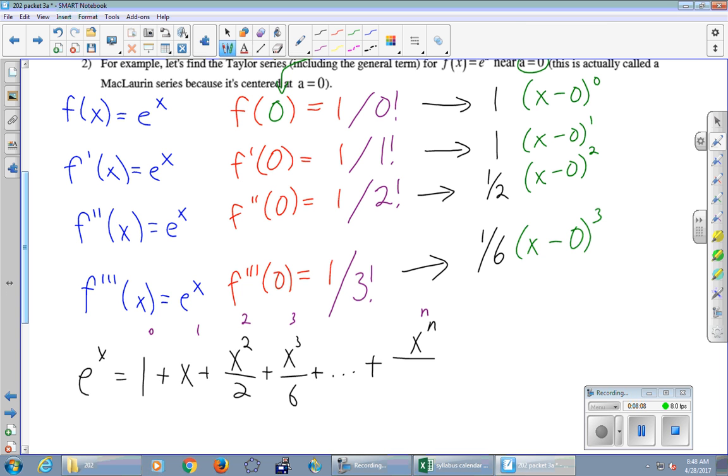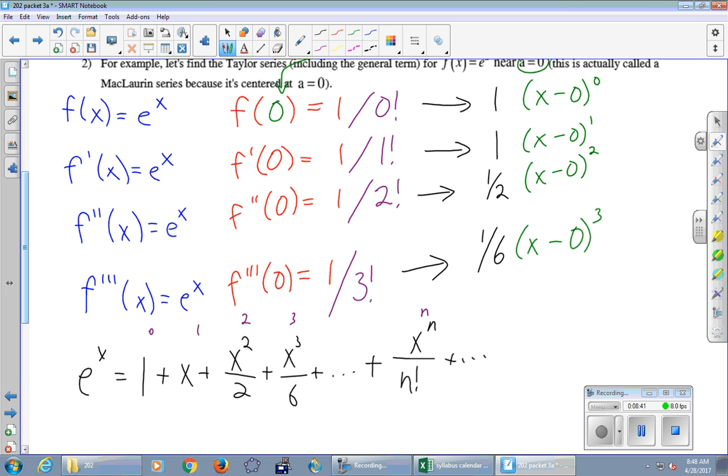Divided by, what's the relationship between the purple number and the denominator? It's that number factorial. So what am I putting? N factorial. Plus dot, dot, dot. Again, I got to make sure it goes forever. So that's the general term. And figuring out that x to the n over n factorial is sometimes tough. It's what you're doing in this project that you're working on. You got a few terms in front of you, and you have to try to generalize and capture all of the patterns.